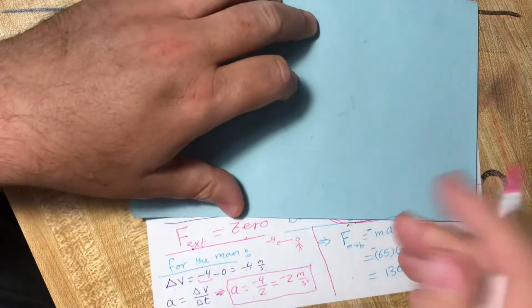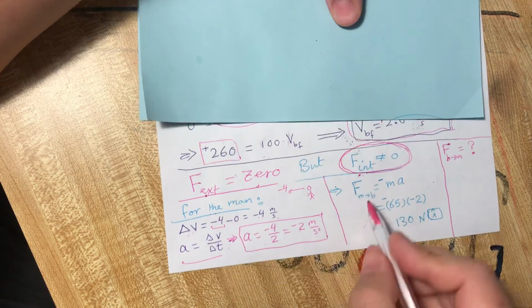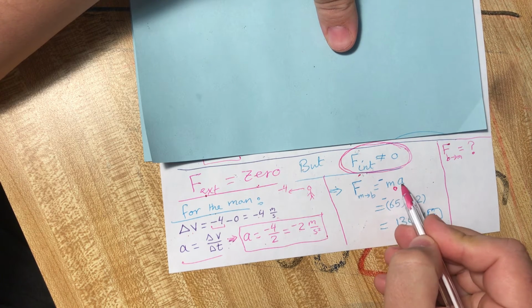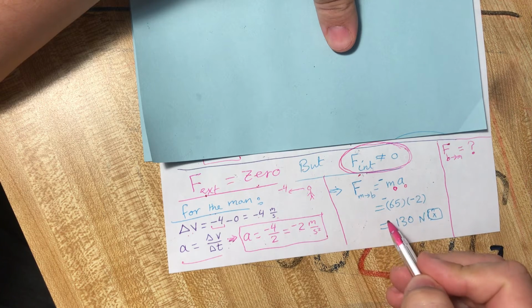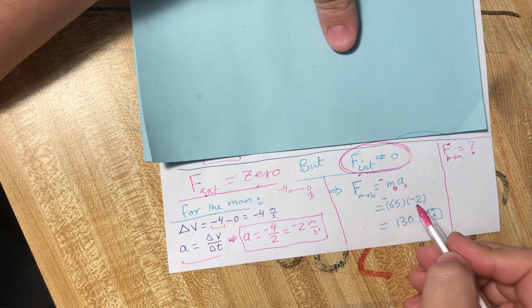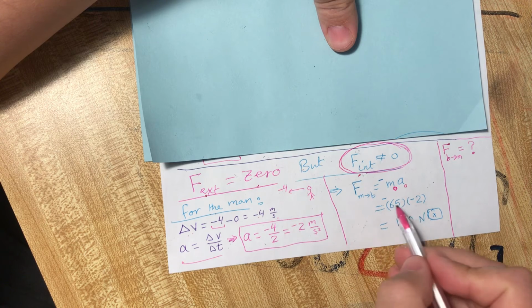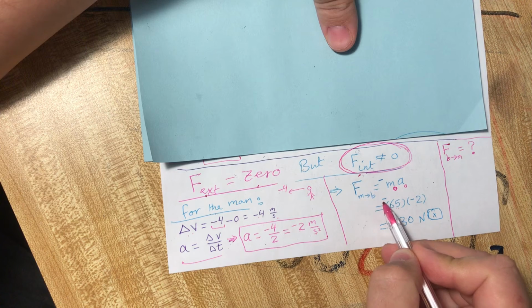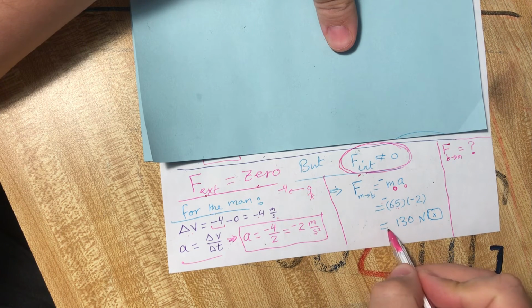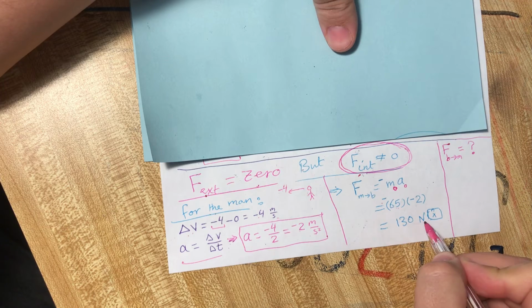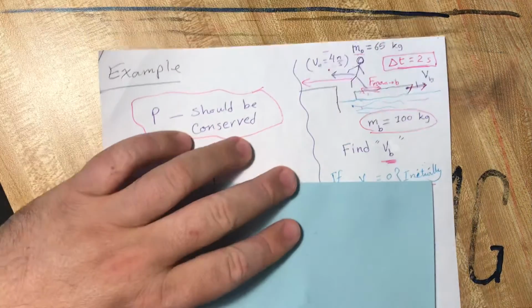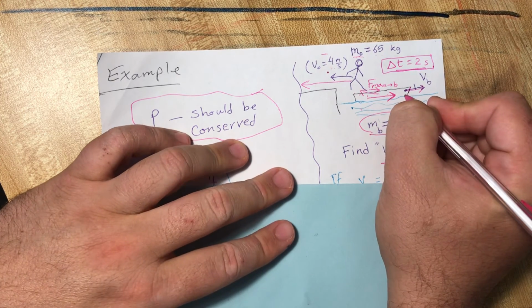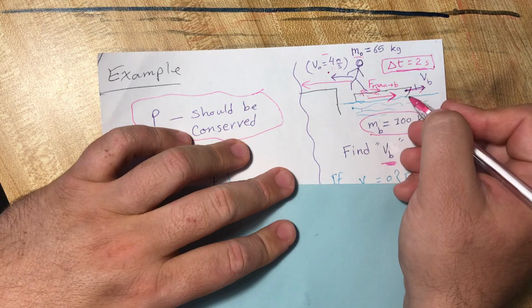The force from the man is equal to his mass multiplied by his acceleration. His mass is 65, his acceleration is -2, but this is the force of the man on the boat. Should we put a negative sign? In this case it would be equal to 130 newtons, but positive. So the force from the man on the boat is in the positive x direction. Okay, this is the internal force.